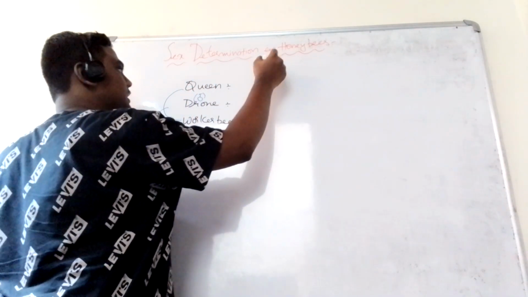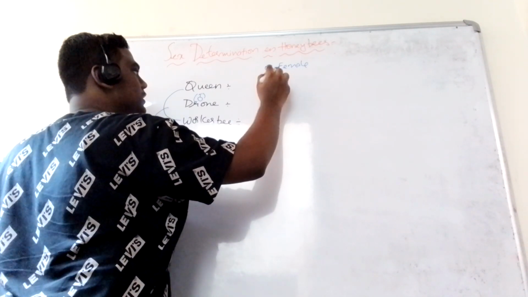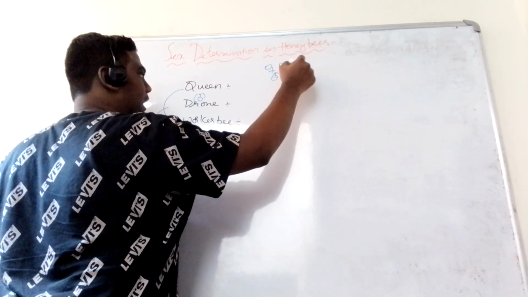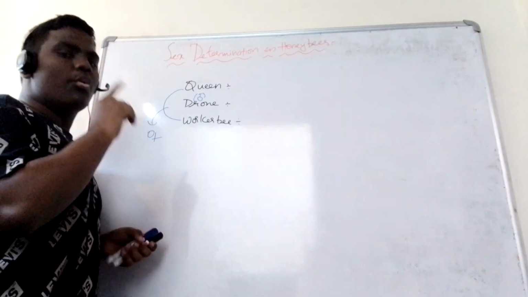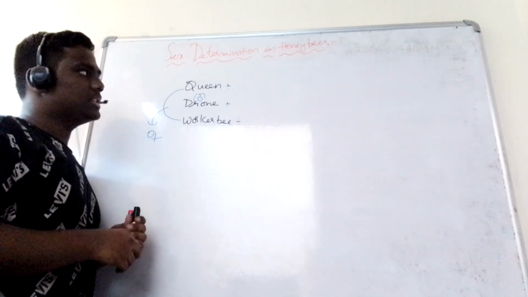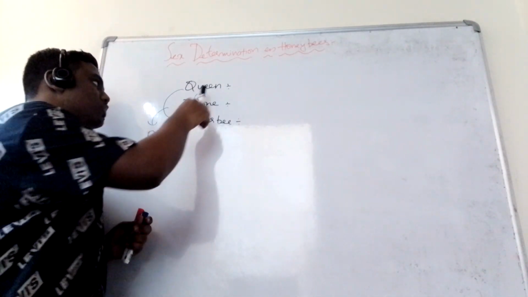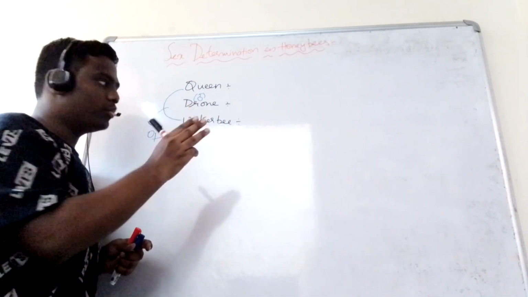This is the symbol for female and this is the symbol for male. Now one thing that is unique here is, out of these three, only two are fertile and one is sterile.